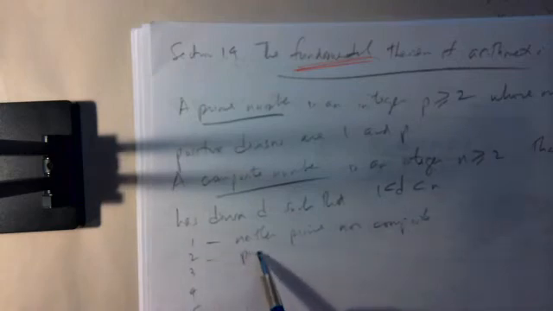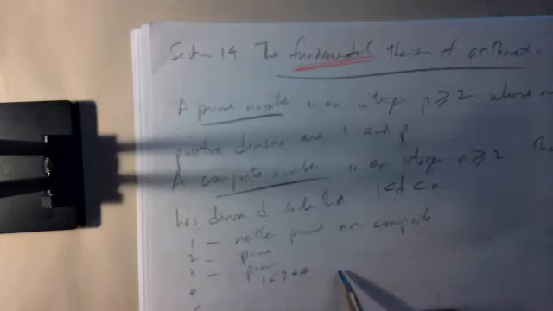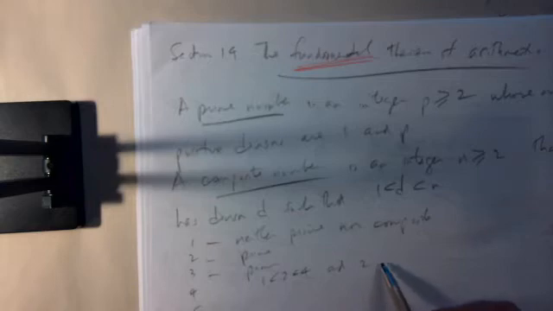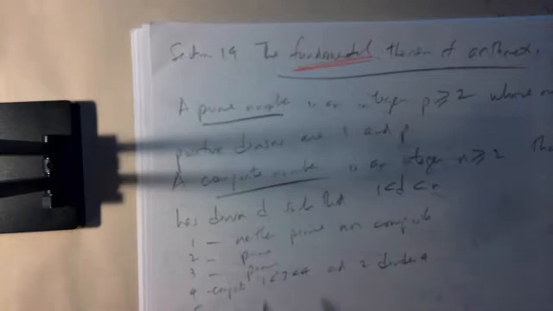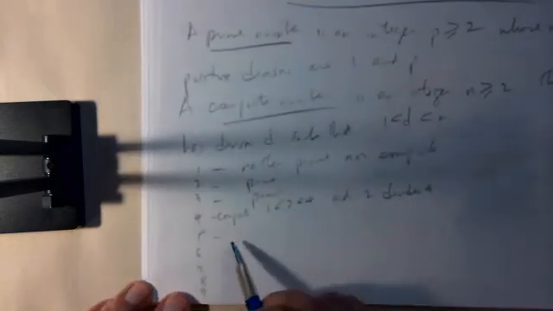But 2 is prime. The only positive divisors are 1 and 2. 3 is prime. But for 4, 2 is between 1 and 4, and 2 divides 4. So this is composite. 5, the only positive divisors are 1 and 5.